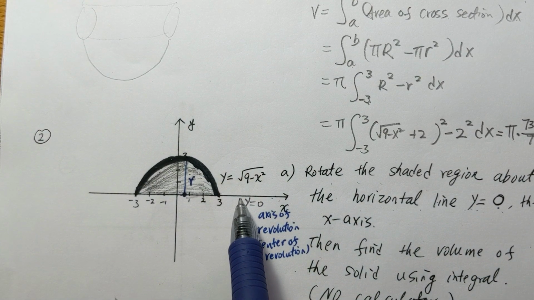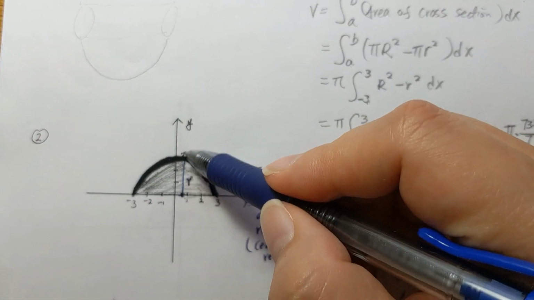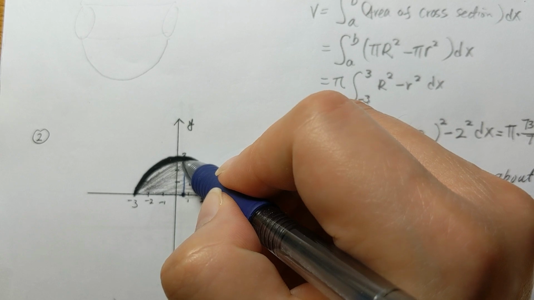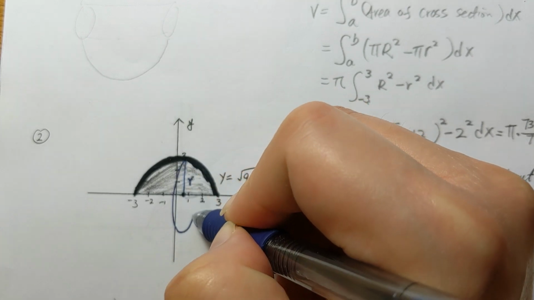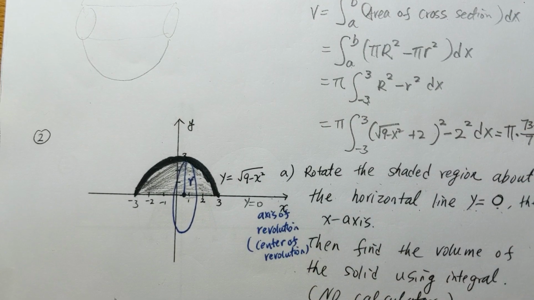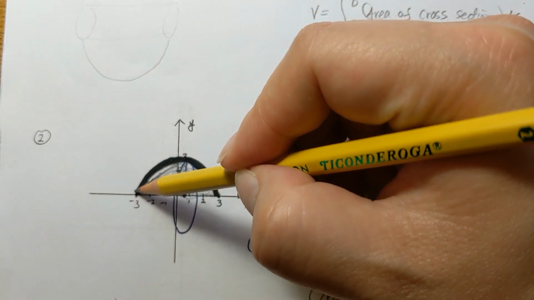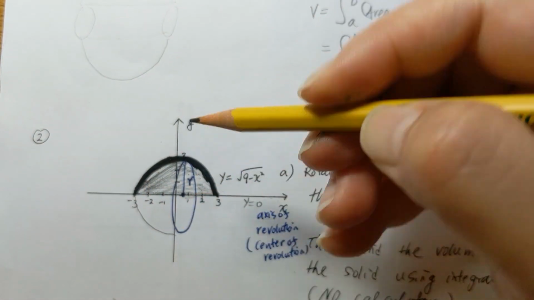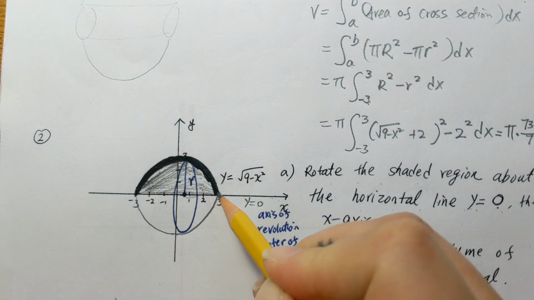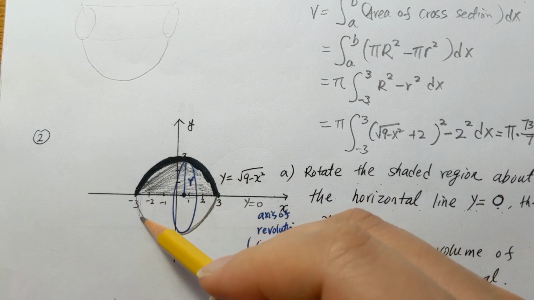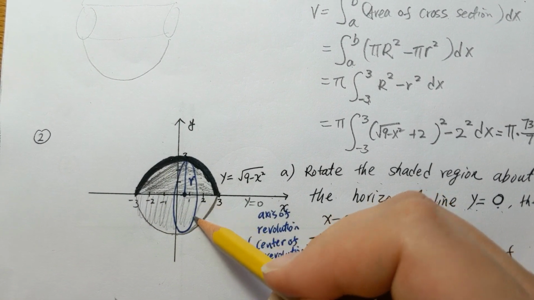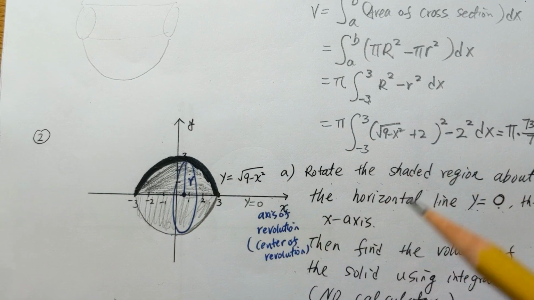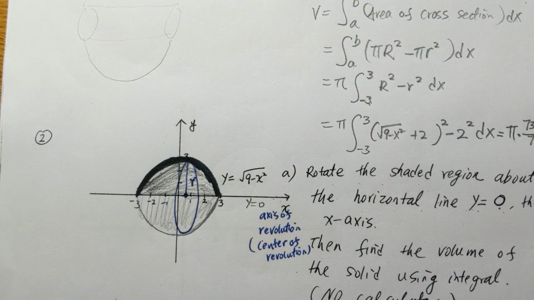So now you will find out that there's only one radius. You're already on y equal to 0. You're going to hit, there's only one radius. So that means, okay, of course my drawing skill is not perfect. So you will have a sphere that is totally solid.